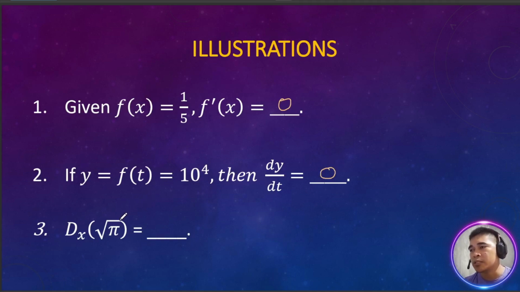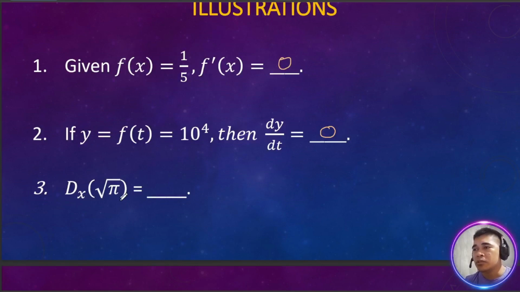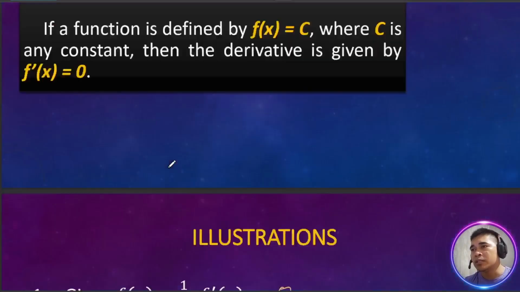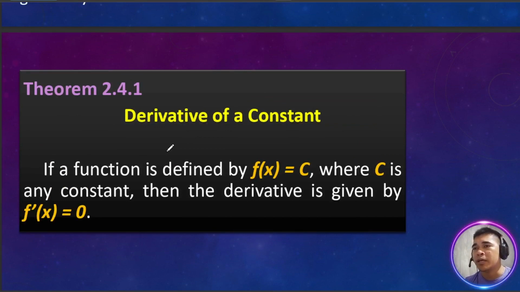And the last one is the derivative of square root of pi. Since pi has a value and is considered a constant, the answer is 0. So that is the derivative of a constant. Any constant, the derivative is 0.